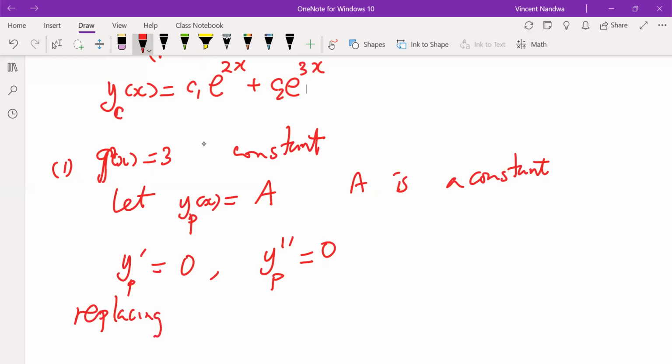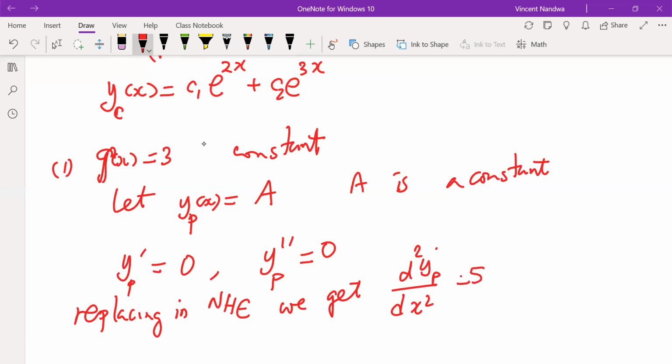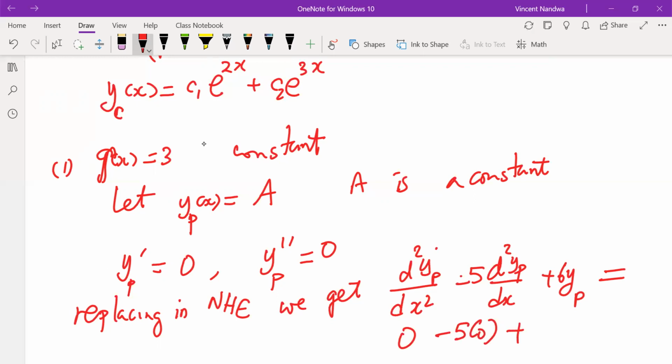Replacing in the non-homogeneous equation, we get yp double prime minus 5yp prime plus 6yp equals 0 minus 5 times 0 plus 6 times a.